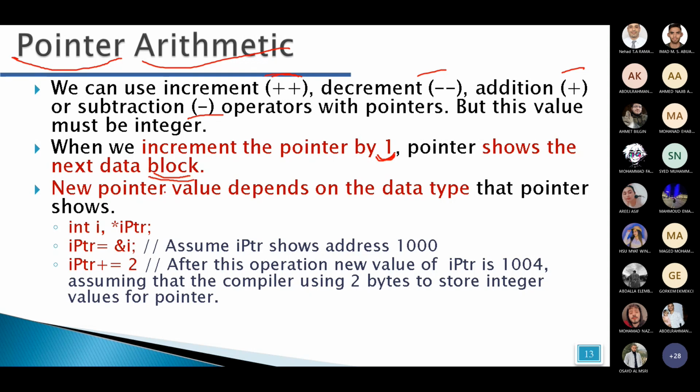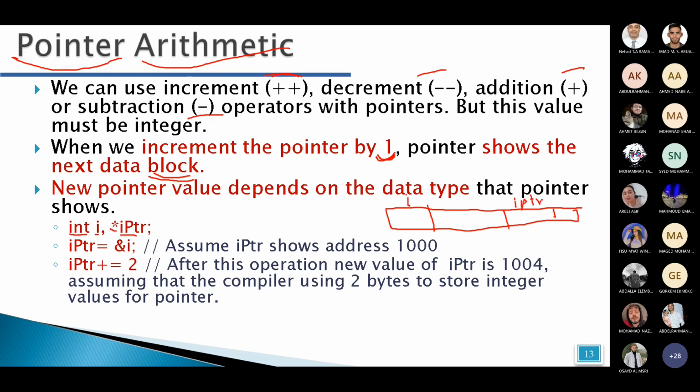So, for example, let's take this example. We have integer variable I. So we have in the memory integer variable I. And we have integer pointer IPTR.